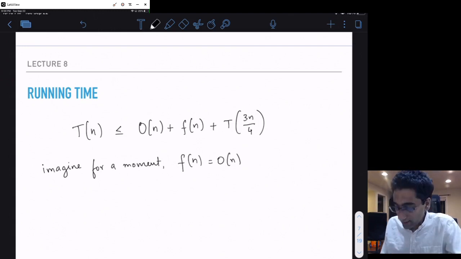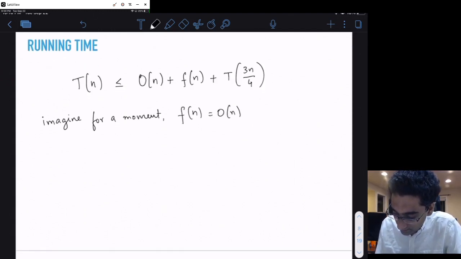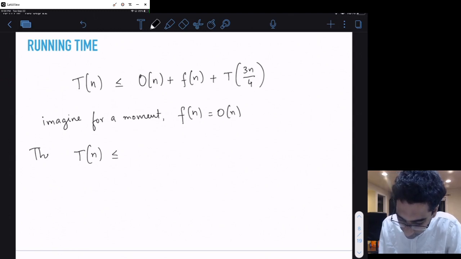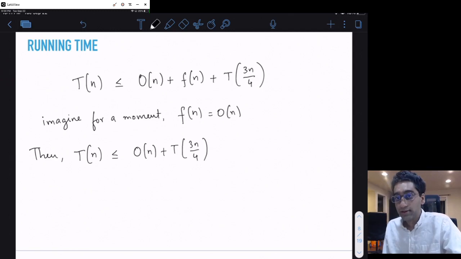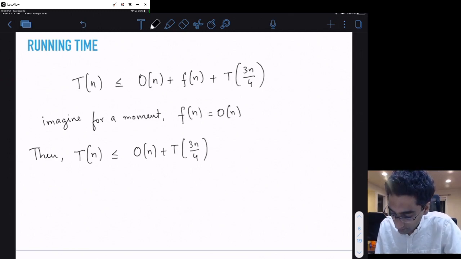Okay, then what you would get is a recurrence of the form t of n is less than or equal to O of n plus t of 3n by 4. Okay. And let's, for concreteness, just write it as c times n plus t of 3n by 4.